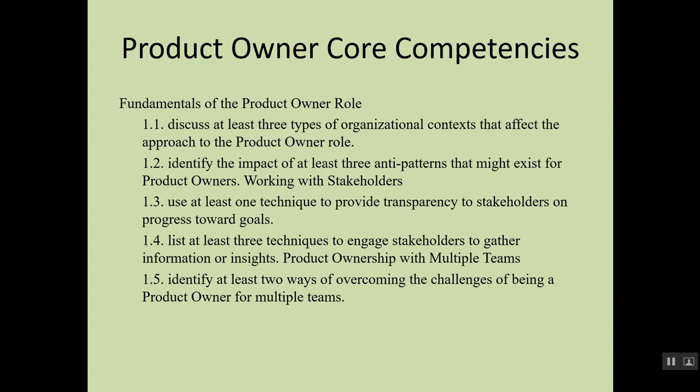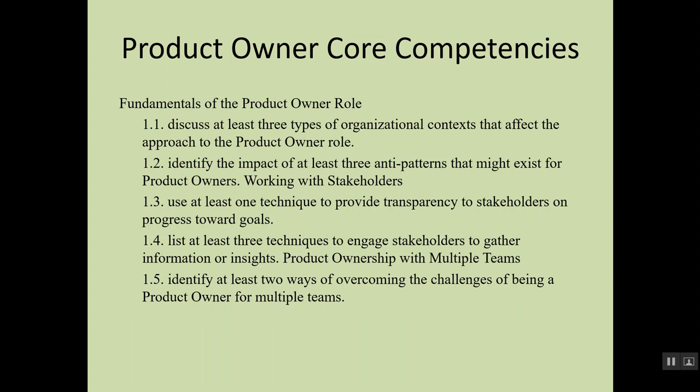Then we will be talking about the impact of at least three anti-patterns that might exist for product owners when they are working with stakeholders. Then, use at least one technique to provide transparency to stakeholders on progress towards the goals. Which is the best technique we can use so that there is always transparency? And the next one is techniques to engage stakeholders to gather information and insights.